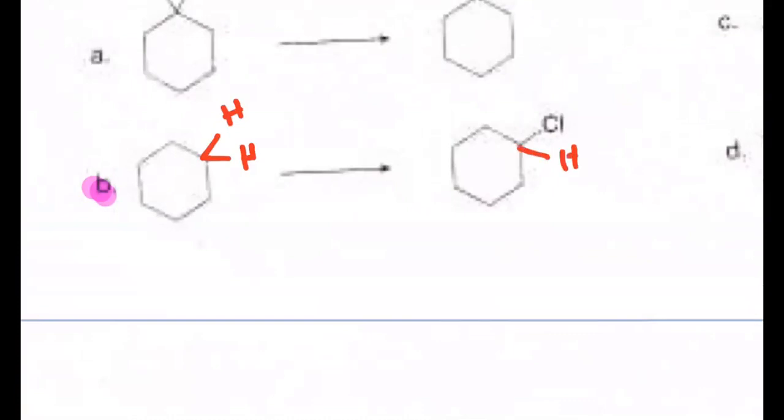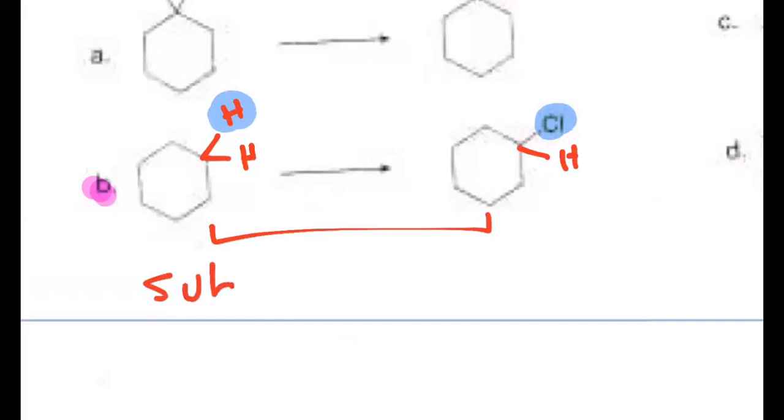What does it look like happened? Does it look like one of my hydrogens got swapped out? See how this hydrogen here is now replaced by chlorine? Yeah. So this type of reaction is what we call a substitution.